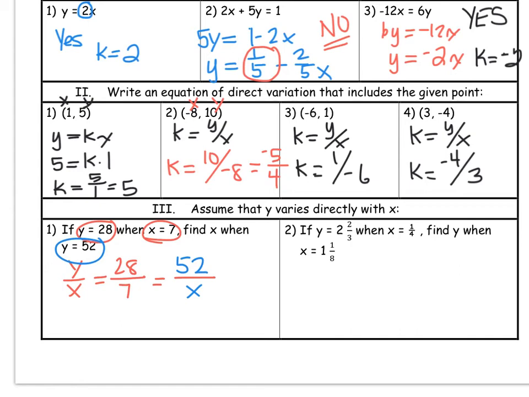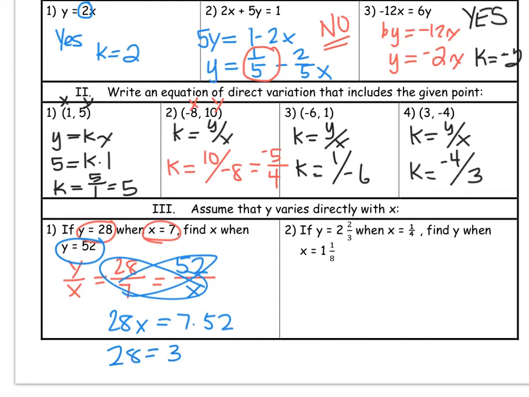So if I solve that proportion, if I use my cross products, 28x equals 7 times 52, and we get 28x equals 364, divide by 28, and we get x equals 13. So if y is 28 when x is 7, then when y is 52, x has to be equal 13. And it's just a regular proportion that we did in elementary school.